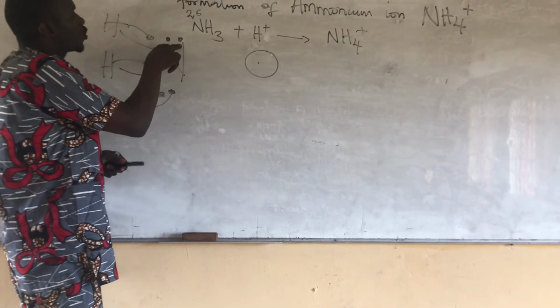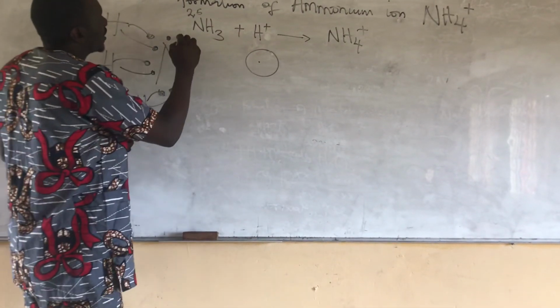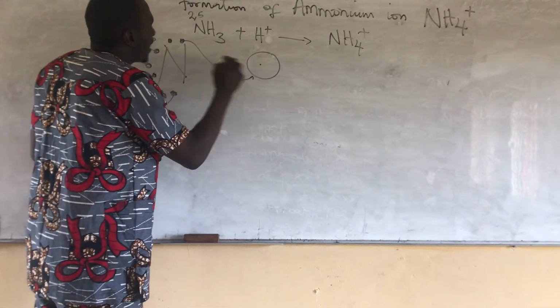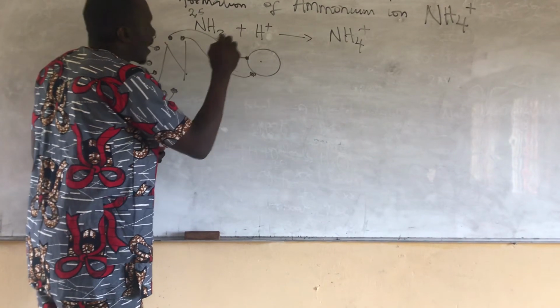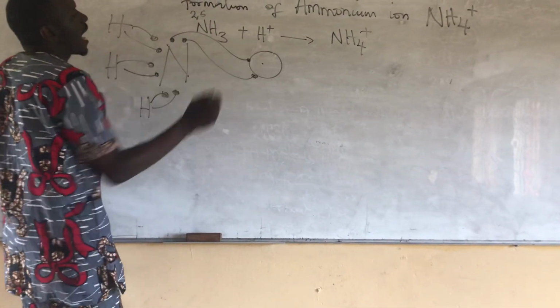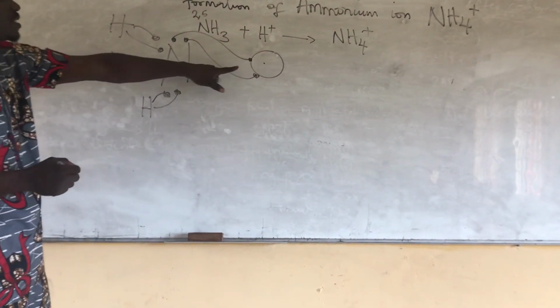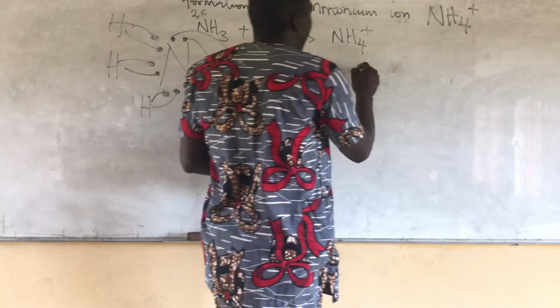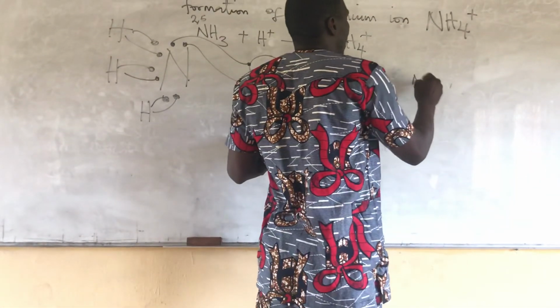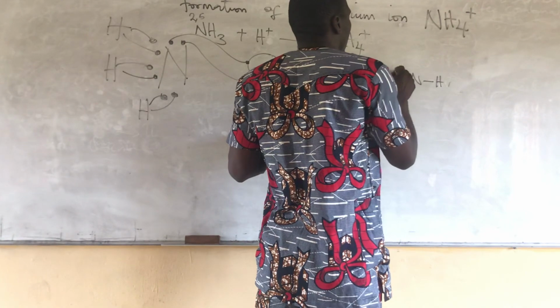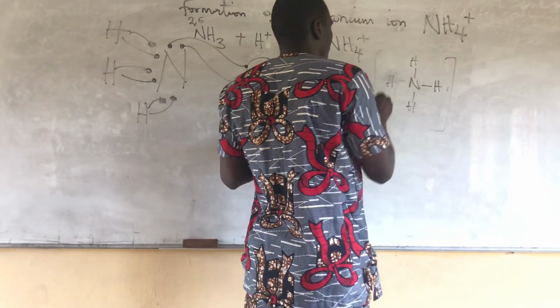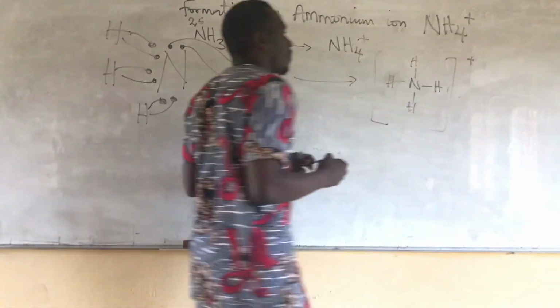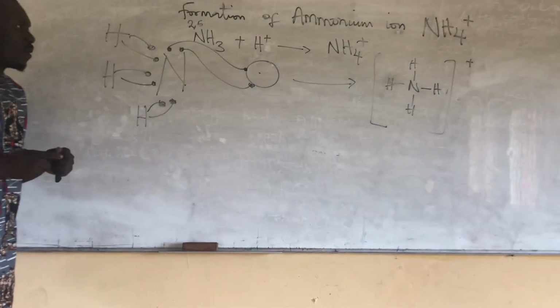So the presence of these 2 electrons, they will not transfer. It will share with this empty hydrogen, so that at the end of the result, you can have your nitrogen bonding with the 4 hydrogens and the charge here. So this is the kind of bond that exists.